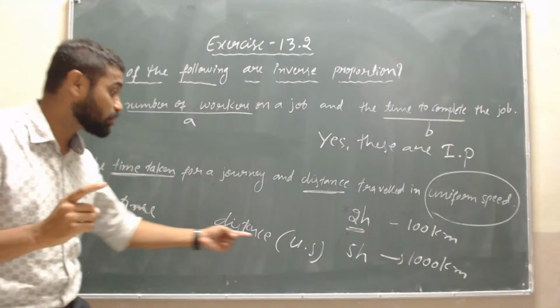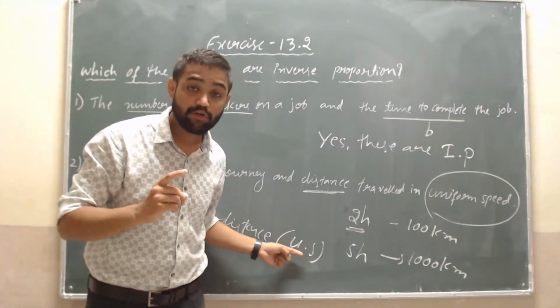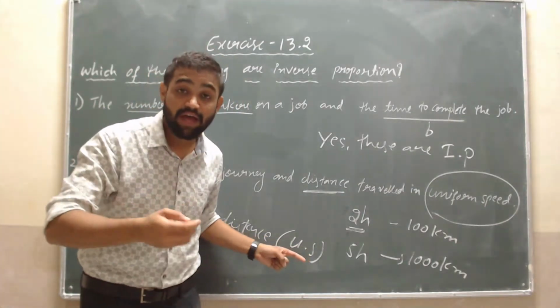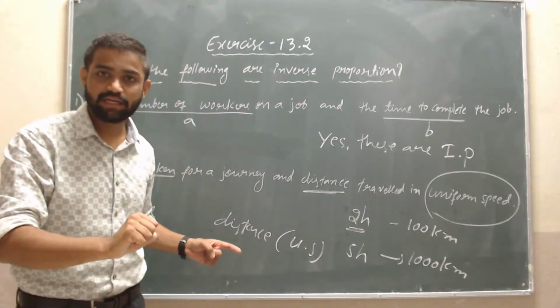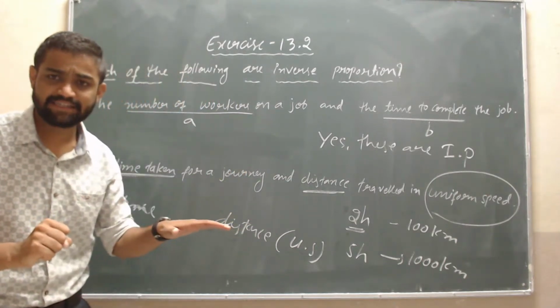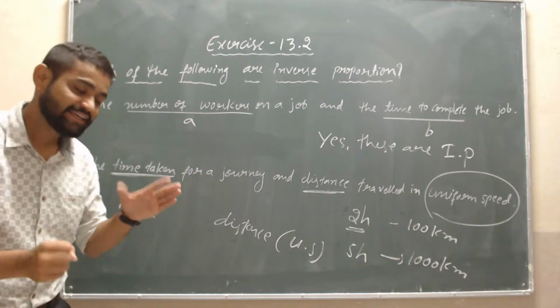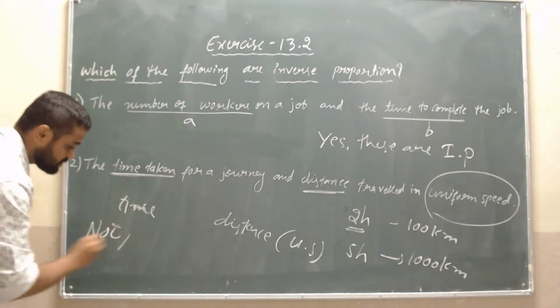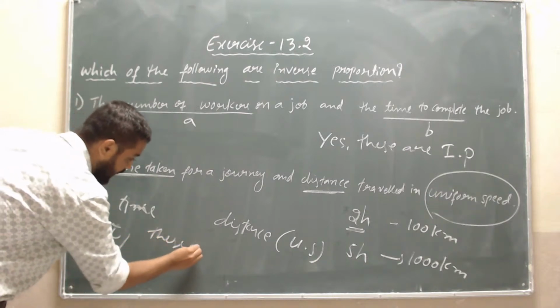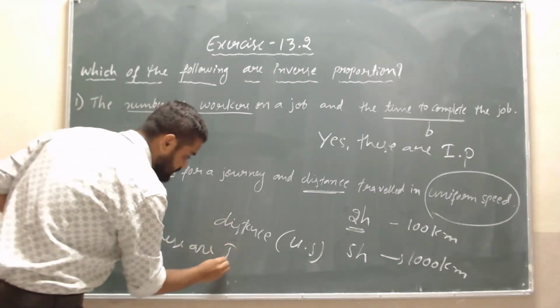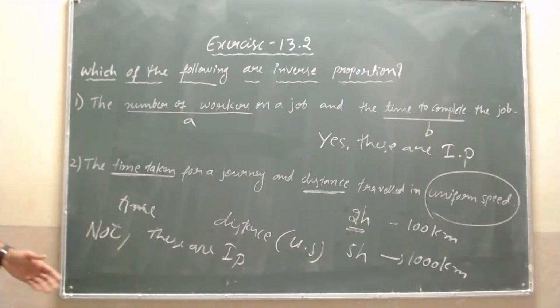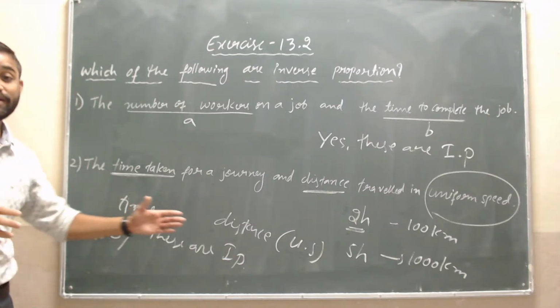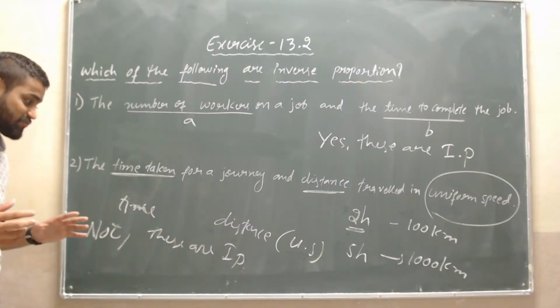Because of uniform speed. If I accelerate to more speed, then the time taken will be less. Then we can say that these are not inversely proportional, students.